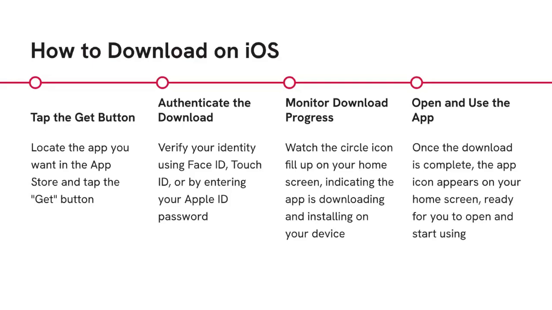And monitor download progress. Watch the circle icon fill up on your home screen, indicating the app is downloading and installing on your device. And open and use the app. Once the download is completed, the app icon appears on your home screen, ready for you to open and start using.